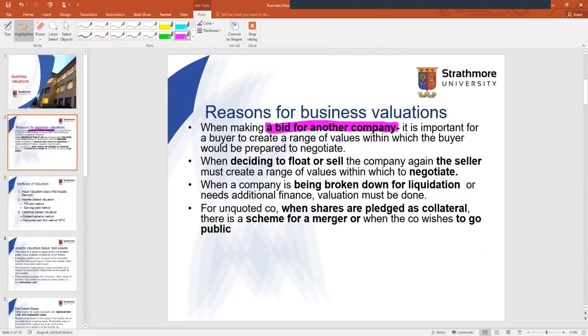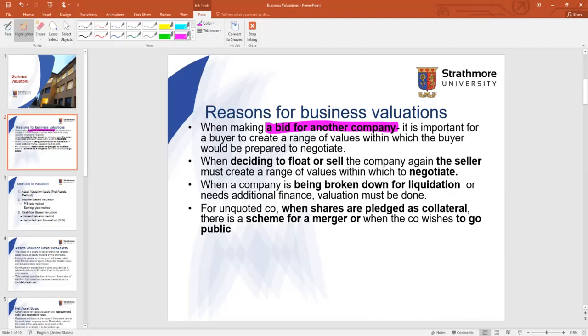As the owner of the business, what's the minimum you should be willing to accept for your company based on its true value? You therefore need to determine the correct valuation of your business.